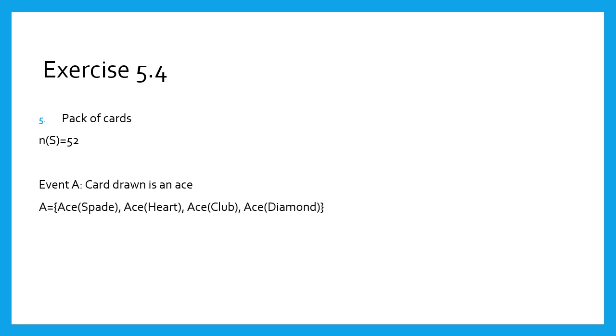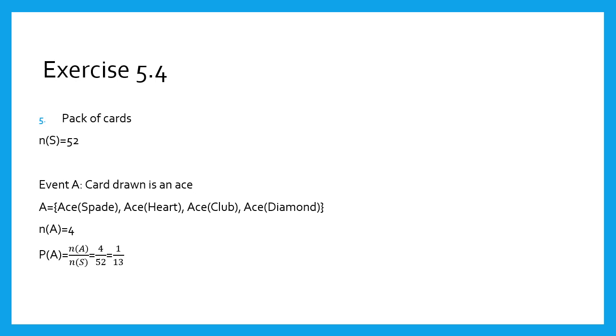Therefore, n(A) = 4. Write the formula to find the probability of event A. P(A) = n(A) / n(S). Substitute the values of n(A) and n(S). We get 4/52. Thus, P(A) = 1/13.